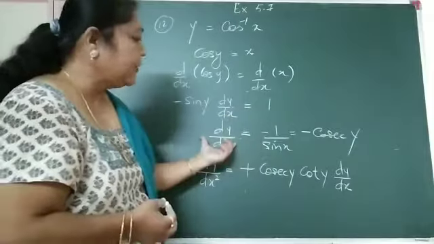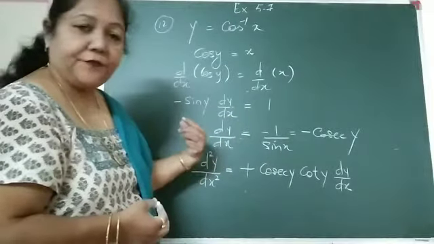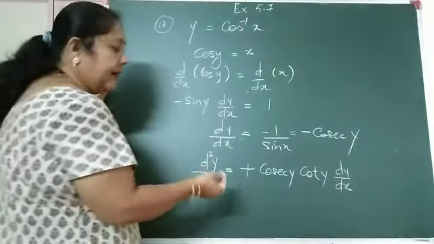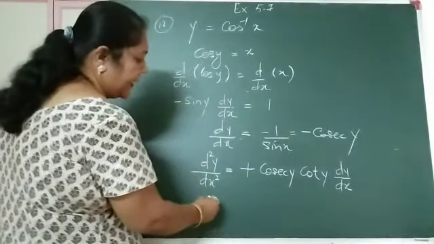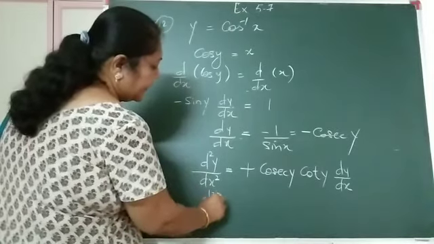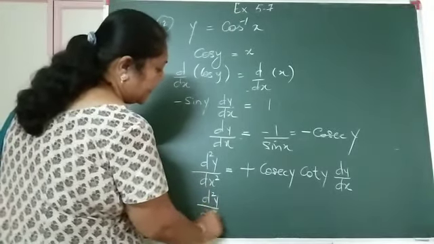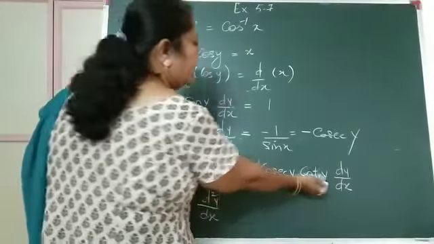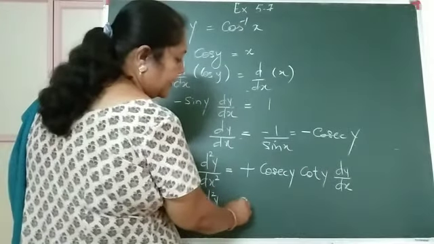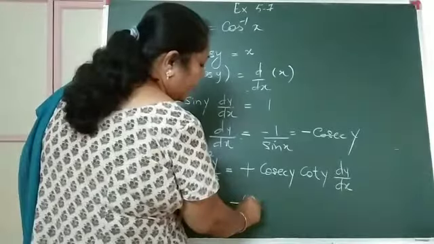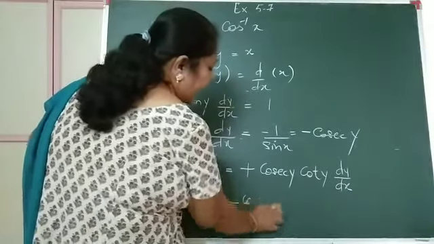I can substitute it as dy by dx if I wish. So one more step I can write, and I can write it like this: d squared y upon dx squared. And suppose if I bring this term to the other side, it will become minus, and then I write cot y separately.